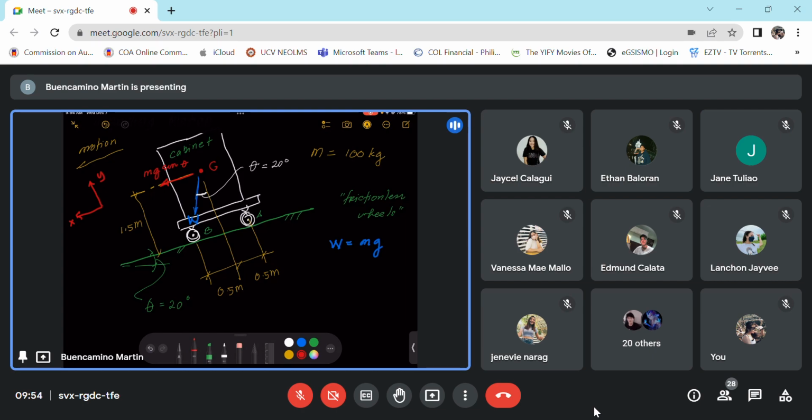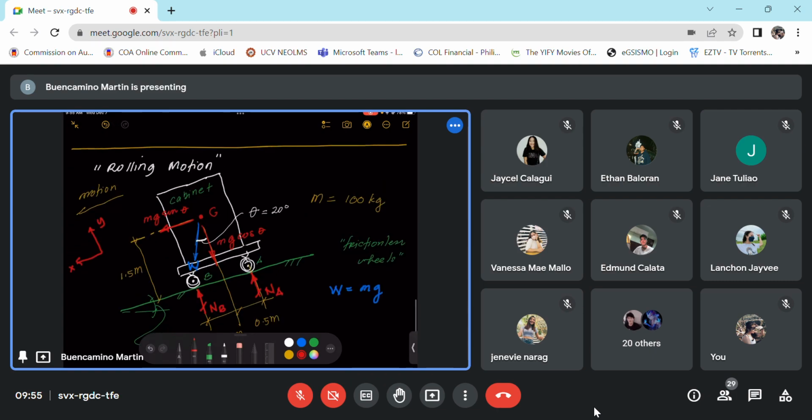At yung component niya along y naman, which is visualized as downward, this would be mg cosine of theta. And then meron din tayong normal reaction at B and also at A.